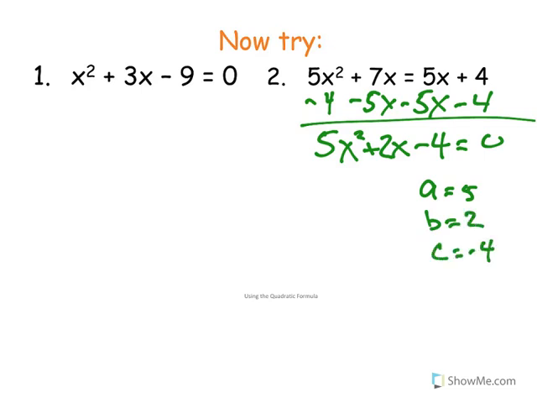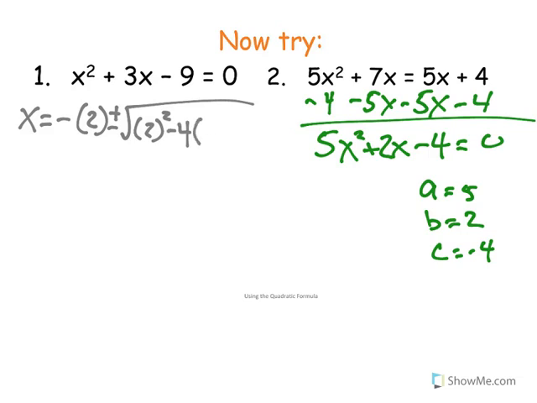And now we go right to our quadratic formula, and we get x is equal to negative 2 plus or minus the square root of 2 squared minus 4 times 5 times C, which is negative 4, all divided by 2 times A, which is 5.